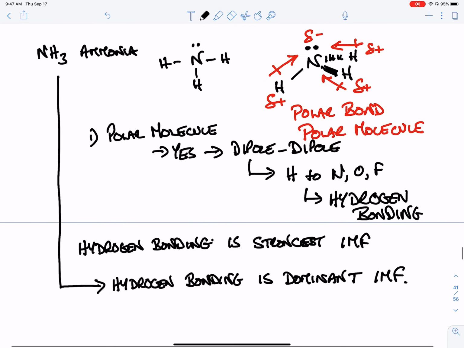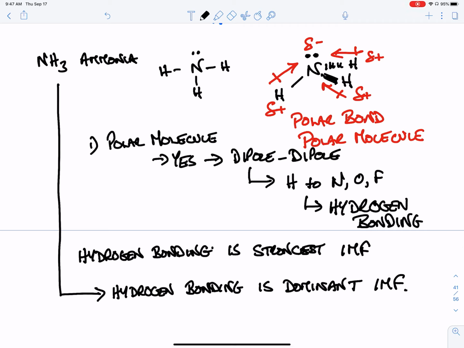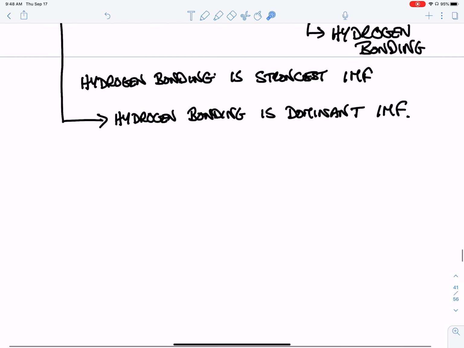So that's important to always ask, is it a polar molecule? And then if it is a polar molecule, is hydrogen directly bonded to NOF? And if it is, then it's a particular case of dipole-dipole attractions called hydrogen bonding.